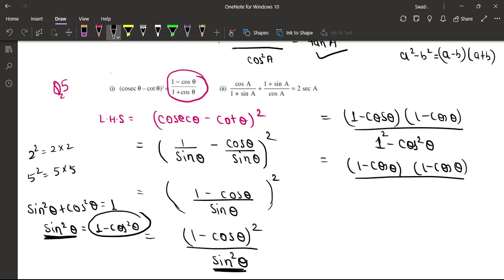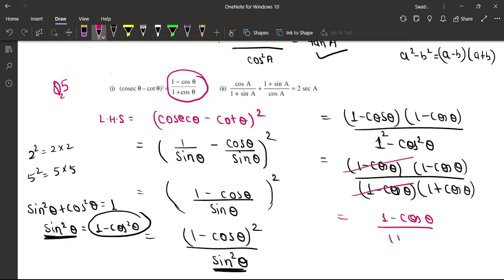So using this formula, can I not write this as 1 minus cos theta into 1 plus cos theta, Manya? Yes. Right? And here, Manya, we can cancel this and this. So what is left with us? 1 minus cos theta upon 1 plus cos theta.